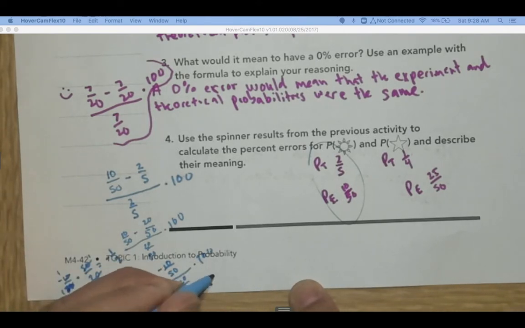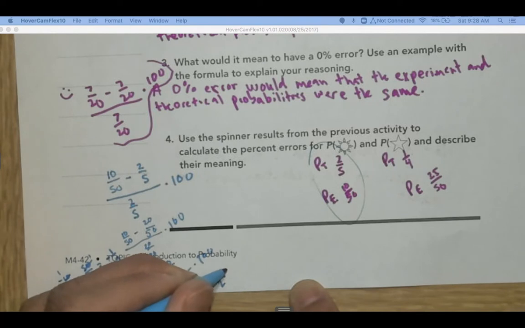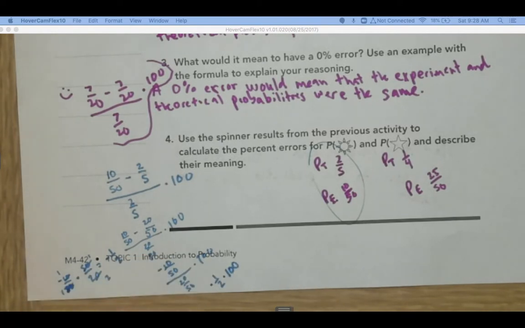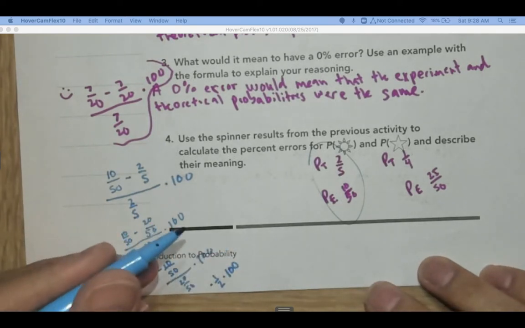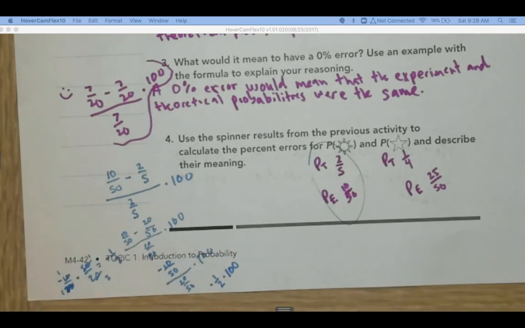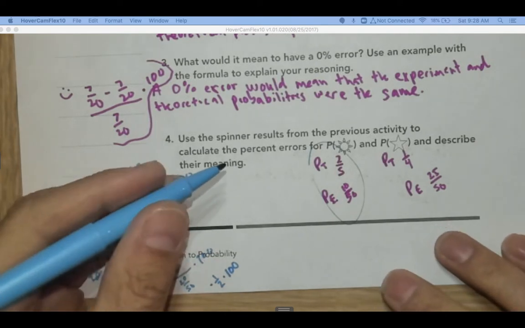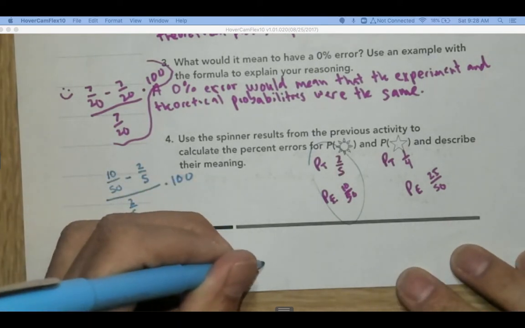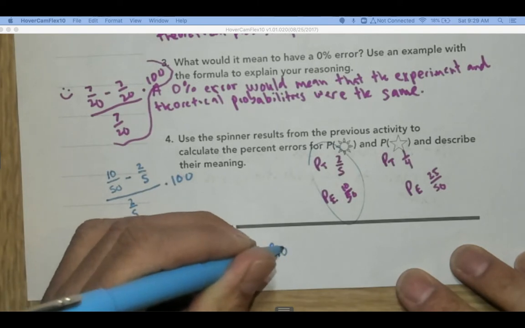And then if I do that real quick, that would be minus 50%.